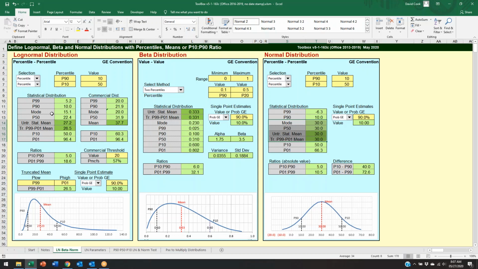So you have free flexibility to go in and modify, for instance, percentile versus mean, or a P10 P90 ratio, and that same functionality is available for the normal distribution. The beta distribution gives you a little bit more flexibility about how to input those particular values with means and percentiles and standard deviations, successes and failures, and alpha betas.